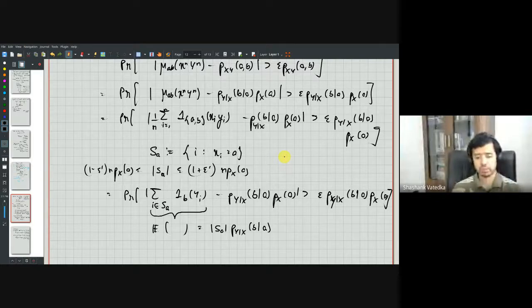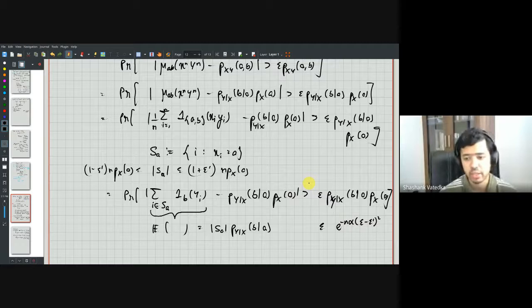The only steps you need to do from this point onwards are to simplify it to a suitable form and then use the Chernoff bound. You'll see that this probability is less than or equal to e to the minus n times some constant times (epsilon minus epsilon prime) squared. So it's essential that epsilon is strictly greater than epsilon prime, otherwise this probability of error is not guaranteed to decay exponentially.